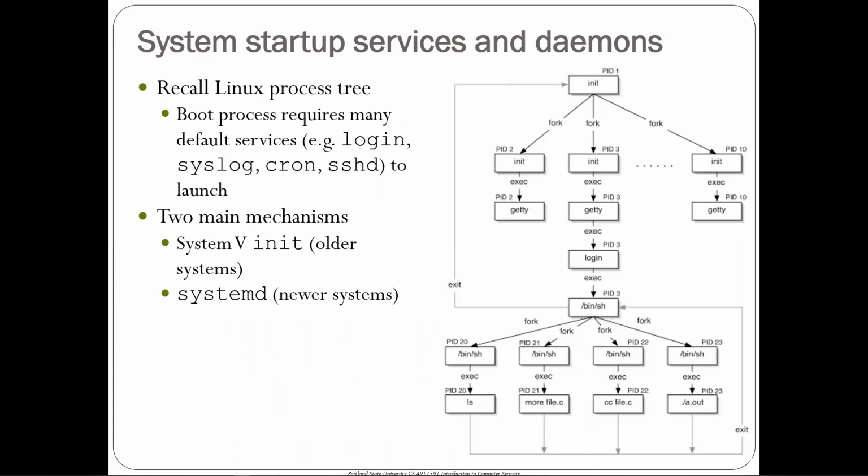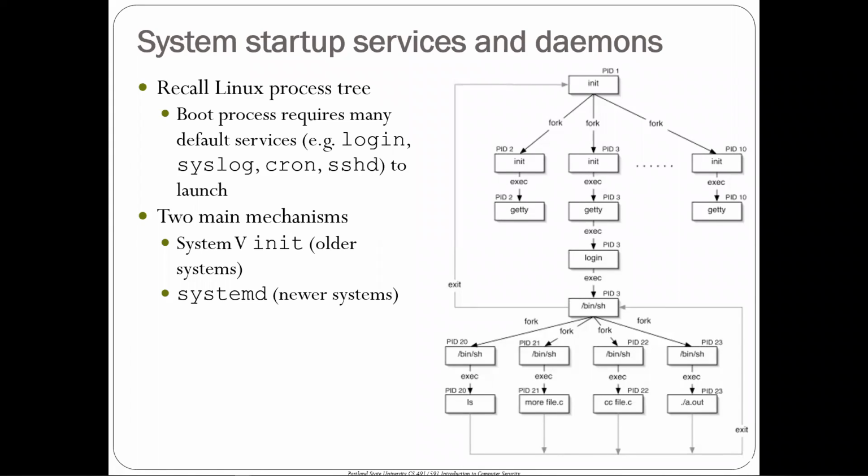Okay, another way to hide is through the system startup process. We talked about the Linux process tree. One of the parts of the Linux startup sequence is the init process, which is process number 1. It goes through and examines all the different services that need to start up by default when you boot the operating system.